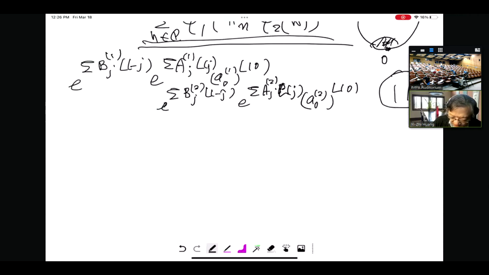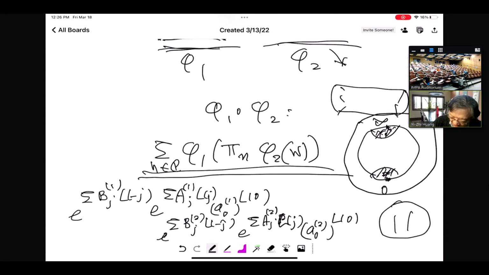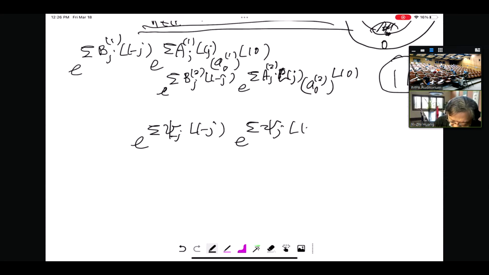So we actually have, associated to this uniformized Riemann sphere, the exponentiation of something that I can call psi j, psi minus j. This is L minus j. And then here it's E sigma psi plus j, L j, and then here a small psi L0.